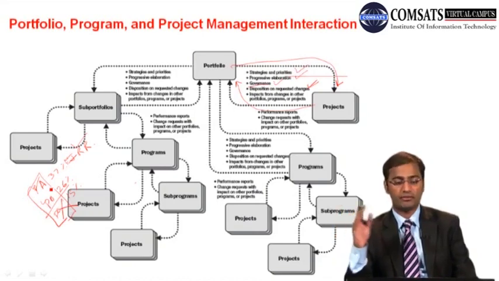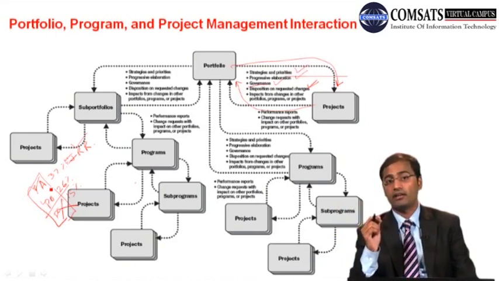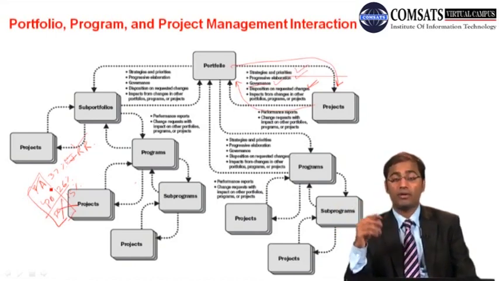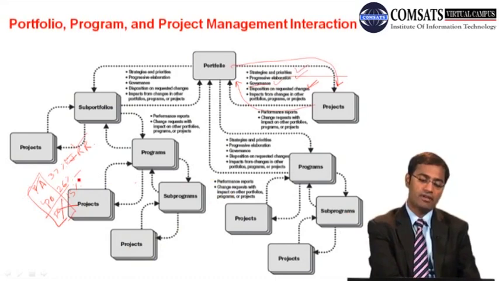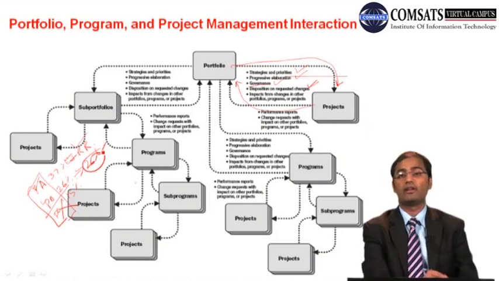When we start the project, it was conceived that these projects will have those internal rates of return. But progressive elaboration tells us that project B will have that 26% internal rate of return.